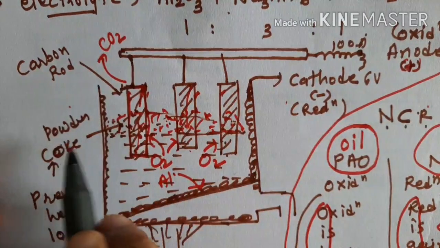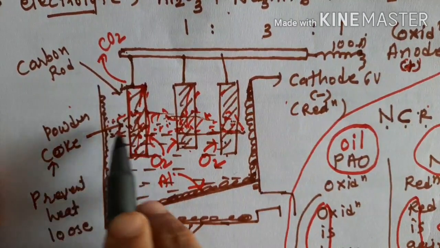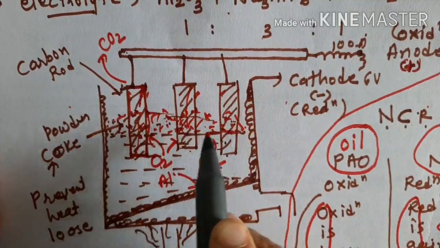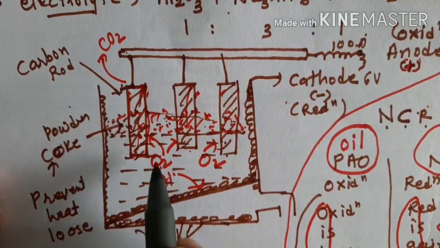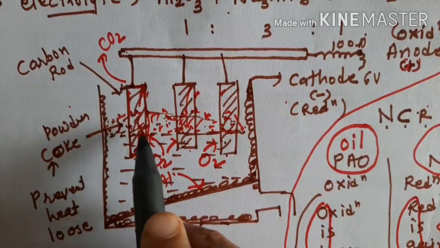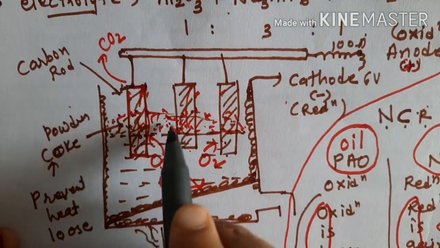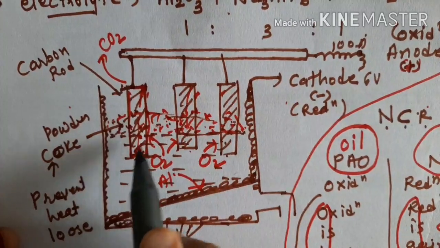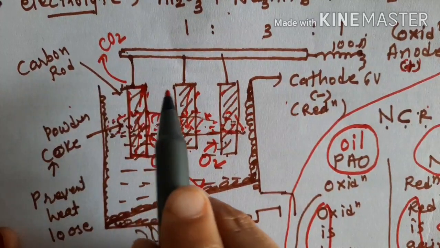Another thing, as I told you, the coke powder also plays a role here. Sometimes, instead of the liberated oxygen reacting with the anode, the carbon coke present there reacts with it and converts into carbon dioxide.